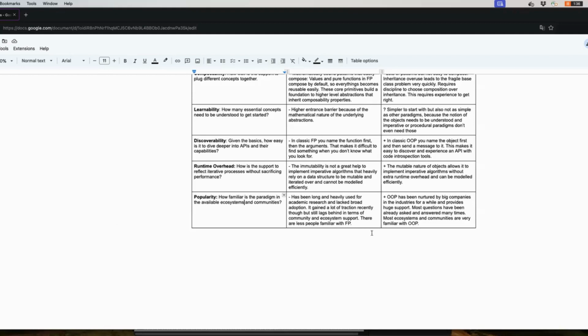Sure. Yeah, I think it really boils down to this: at the beginning, a lot of nurturing was on the academic side of things. So a lot of research has been flowing into FP, and the abstractions were maybe a bit daunting for beginners. And so the whole industry shifted from imperative procedural into object-oriented programming.